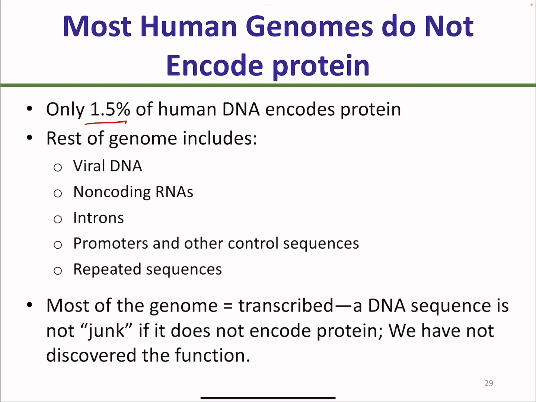The rest actually accounts for a number of other things, including viral DNA, non-coding RNA, introns, promoters, and other DNA sequences that control gene expression, and also repeated DNA sequences, right? Now, we may think that most of the genome is transcribed, right?